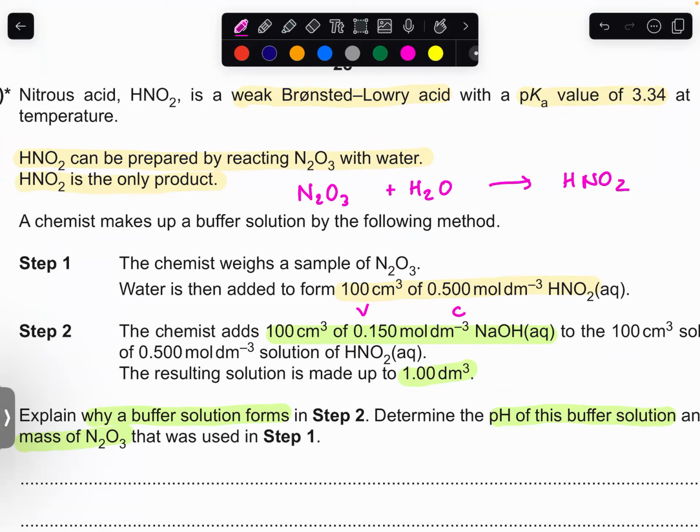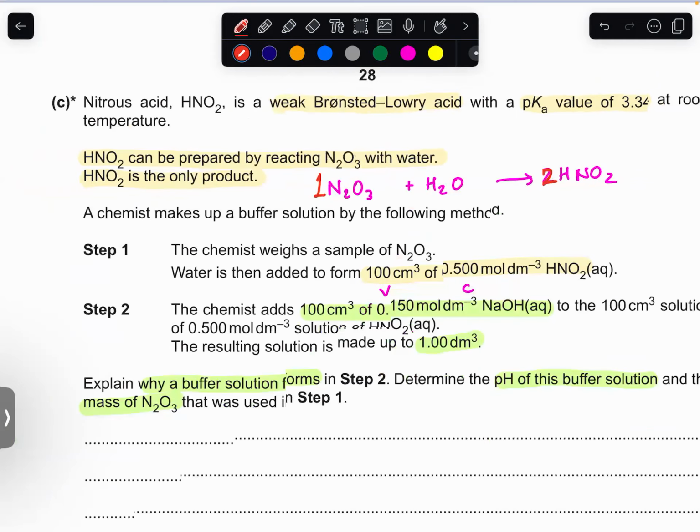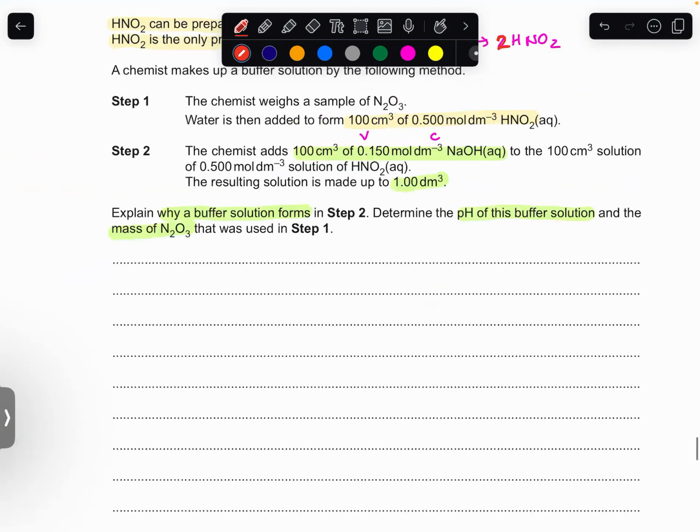And it is a 2-to-1 ratio. So that ratio will come in use a bit later on. You're looking at a buffer solution. Look, I'm looking at the very first step there. And the buffer solution, if you've got a weak acid and its conjugate base, you've got this setup here.